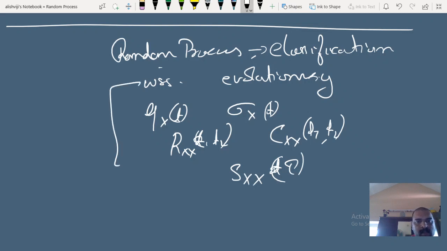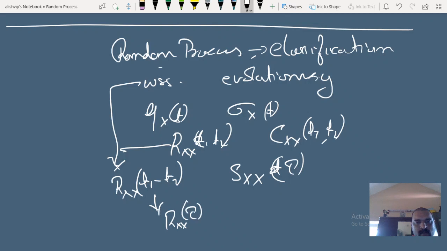And for a WSS process, the autocorrelation function is a function of t1 minus t2, and this one can be written as Rxx of tau. And for a WSS process, mean is a constant, or it is independent of t.